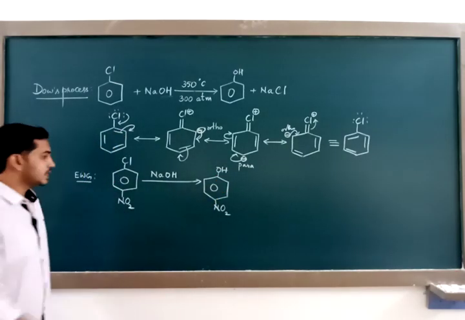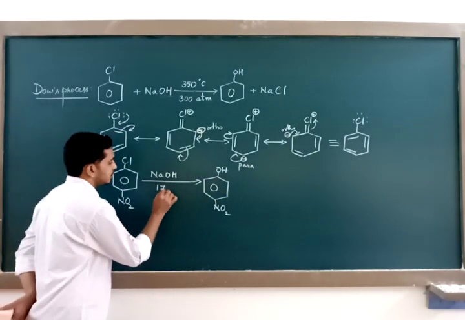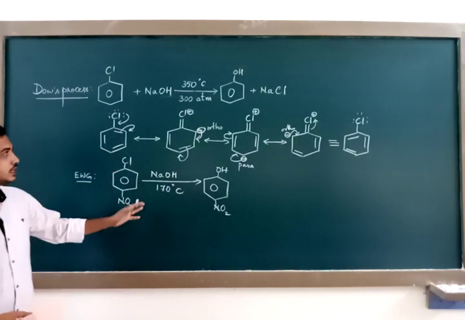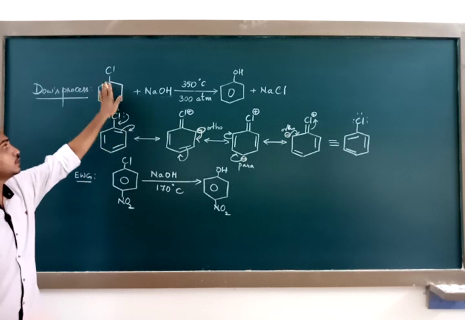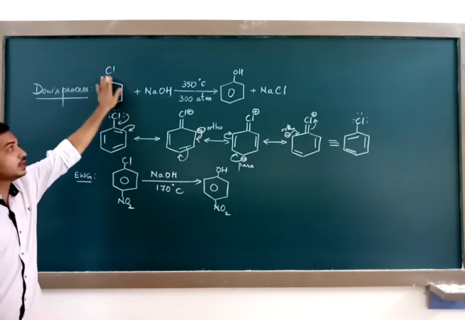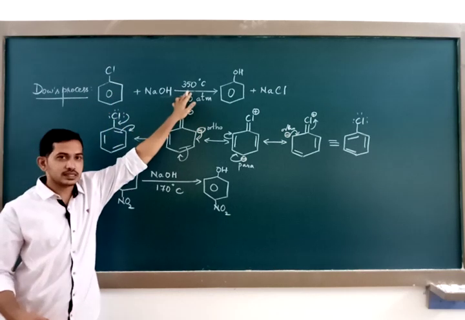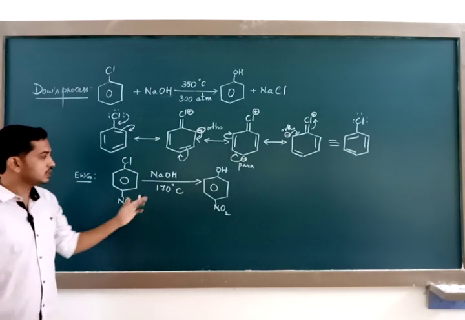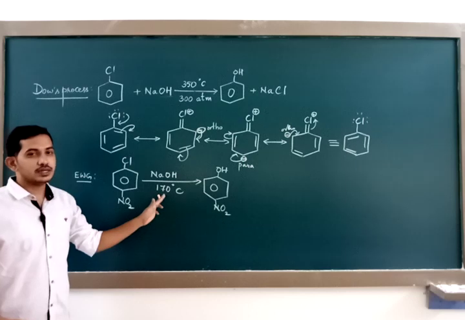The only difference is that this time the temperature will be around 170 degrees Celsius. How is this reaction different from the first one? In the first one you had only the chlorine group and the temperature required was 350 degrees Celsius. This time one nitro group is attached at the para position, and the temperature almost decreased to half.